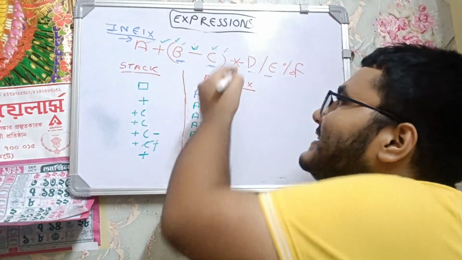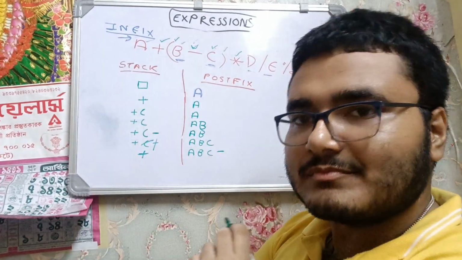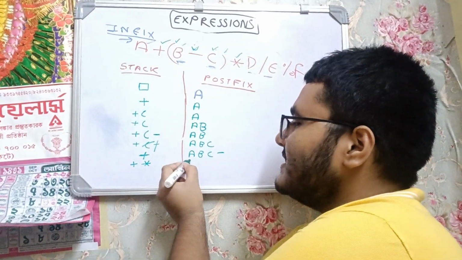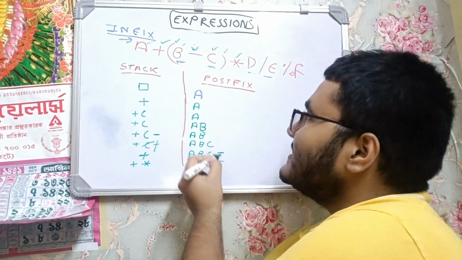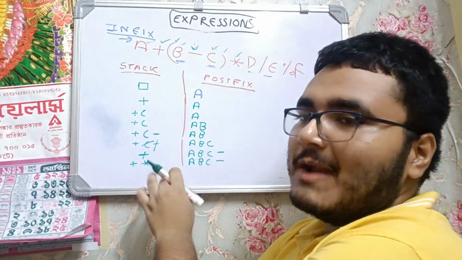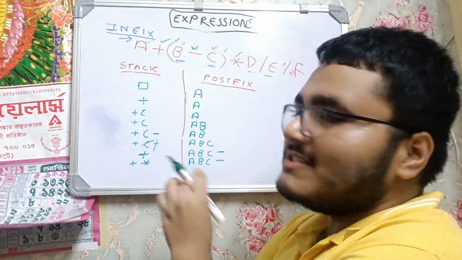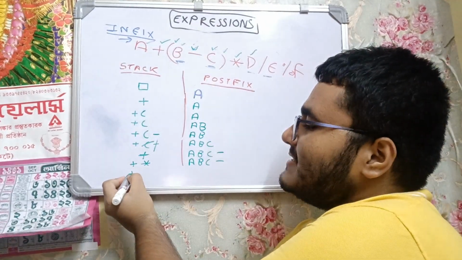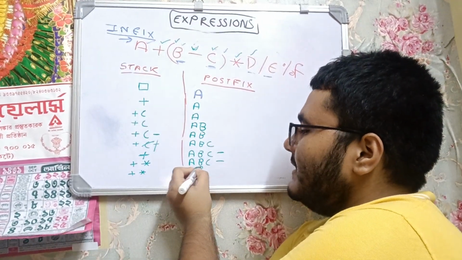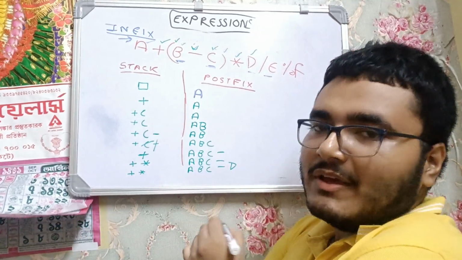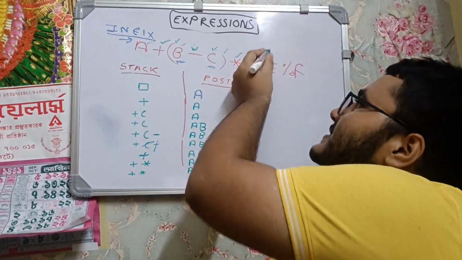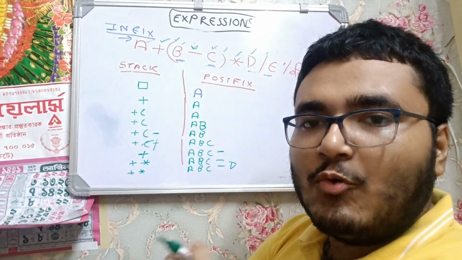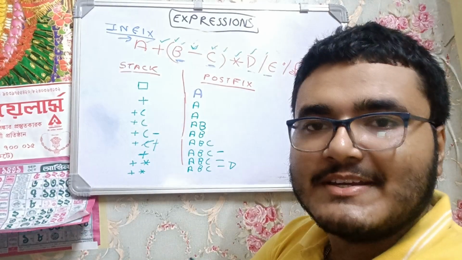Now asterisk arrived. Fine, asterisk has arrived, so plus, then asterisk, and A B C minus, okay, because asterisk has a higher priority than plus, so just push it into the stack. Then D, so plus, asterisk, A B C minus D, okay. Now division arrives. Division is an operator having equal priority with asterisk, yes or no?